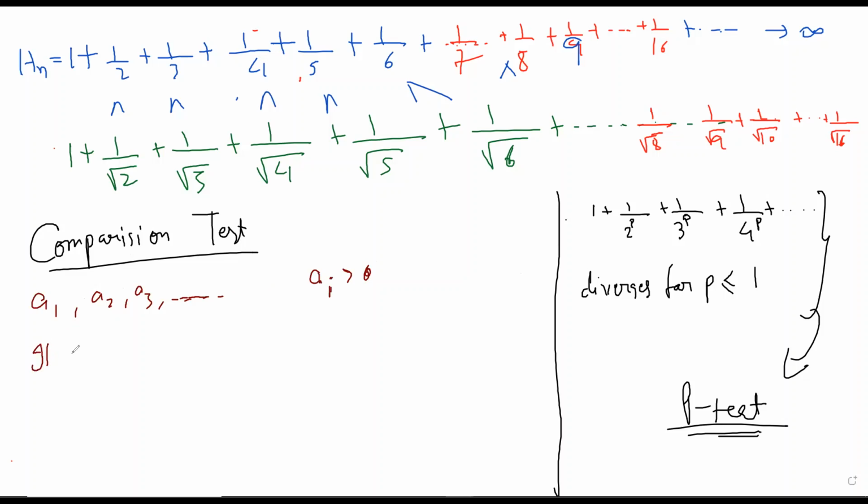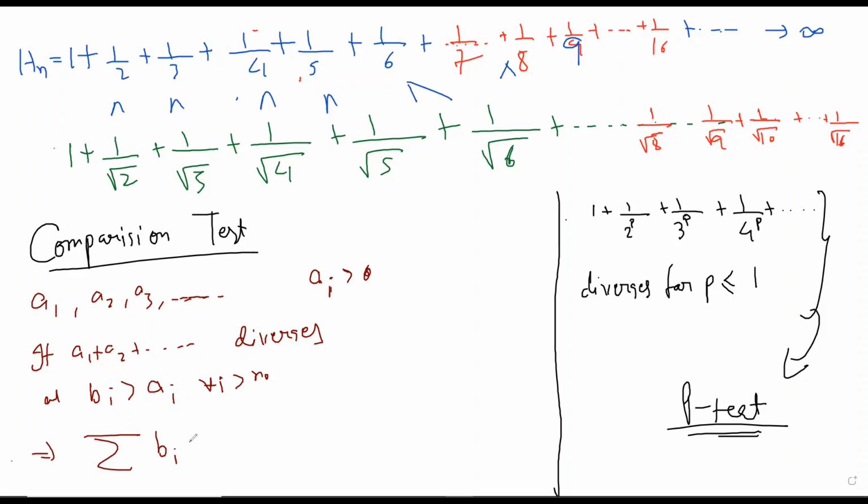Now if the sum of a_i diverges, and b_i is bigger than a_i for all i, even beyond a certain point, then obviously, it doesn't need a proof, the summation of b_i, b1, b2, also diverges. This is a very obvious statement. However, there is a limit version of this, the limit comparison test, which is a good one, but we will see that. Let's first do the p greater than 1 case.